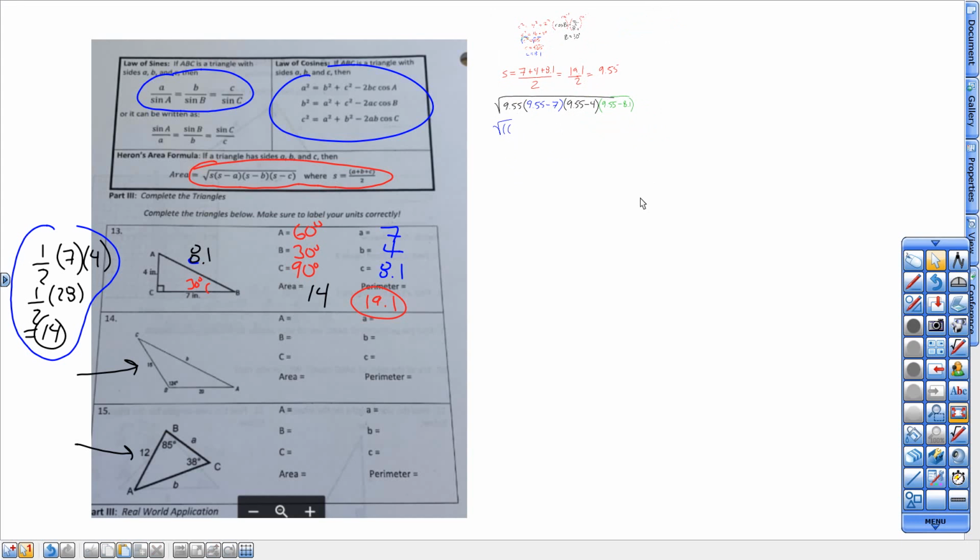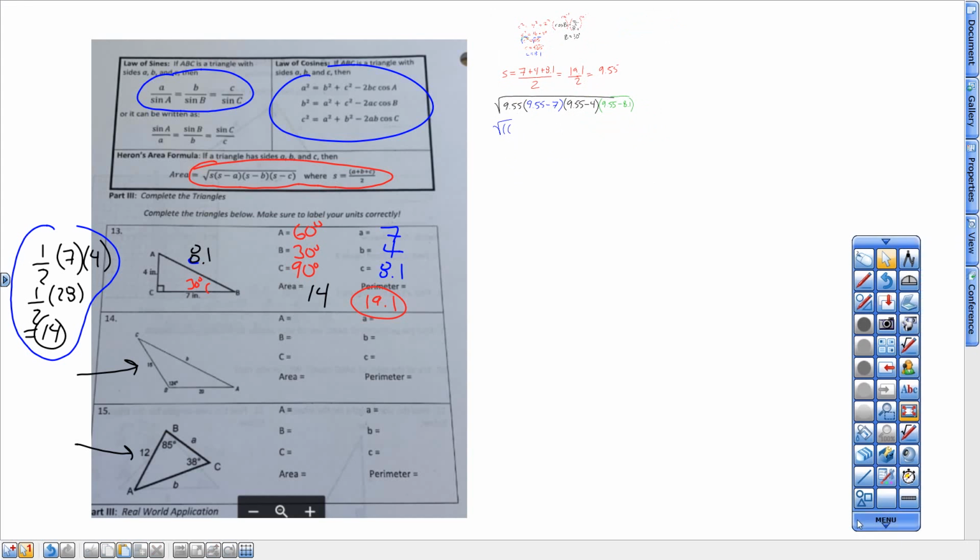So real quick, 14. For 14, you're forced to use this formula now because you can't use simple sine, cosine, tangent. So for this one, this is gnarly. I think this is 124, right? Is that 124? Yes. So from that 124, I gotta start using this formula up here.